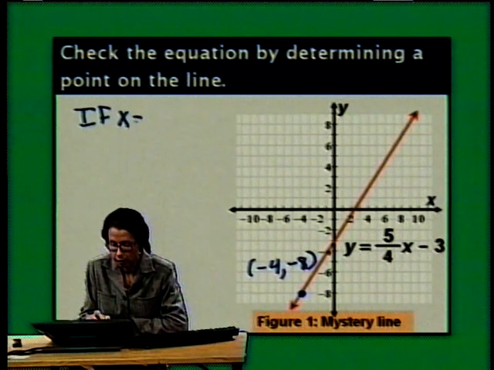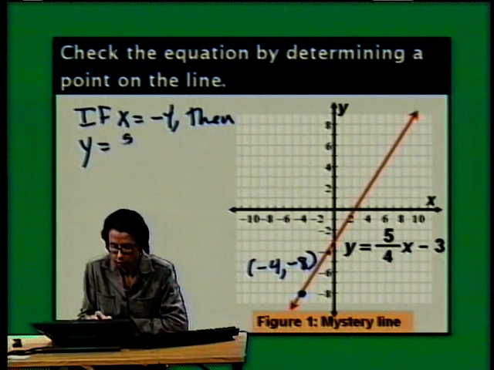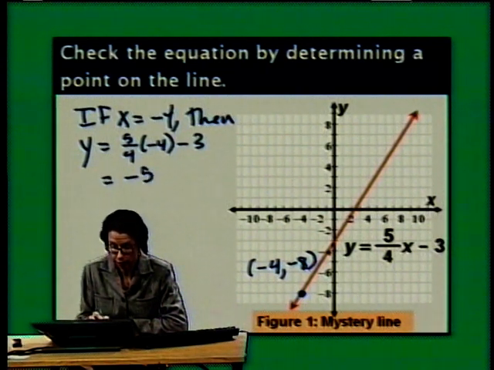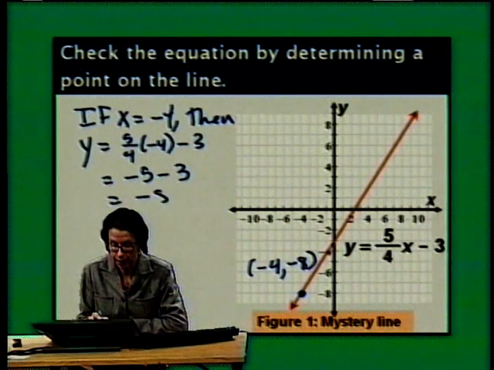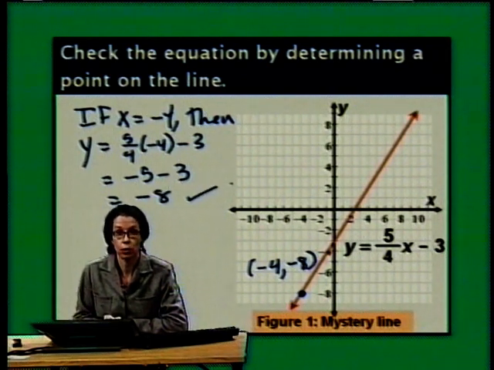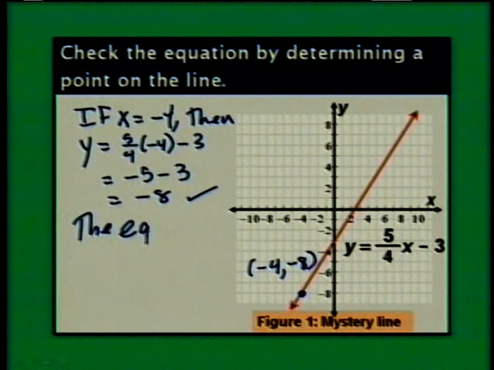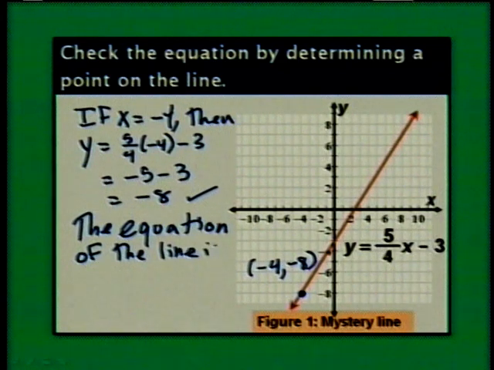So if x equals -4, then y equals 5/4 times -4 minus 3. 5/4 times -4 is just -5, minus 3, and that equals -8. So my solution checks. So the equation of the line that I have graphed here is y equals 5/4 x minus 3.